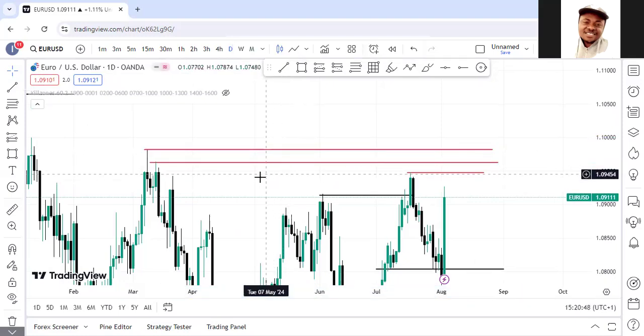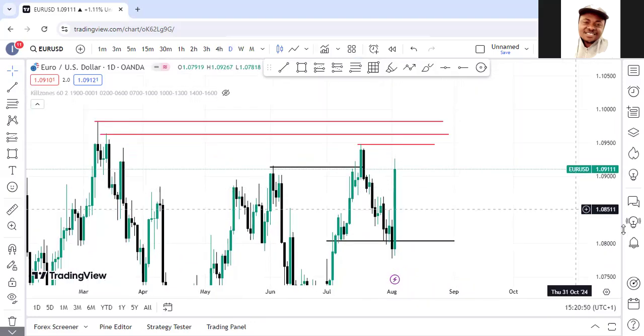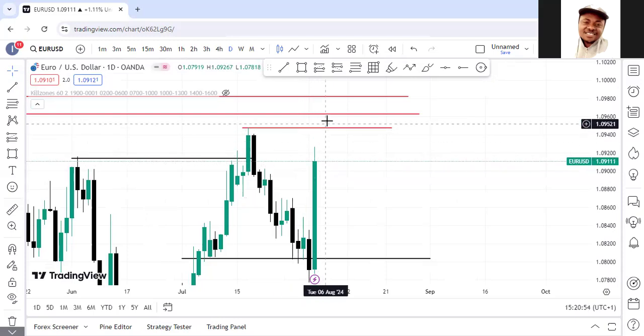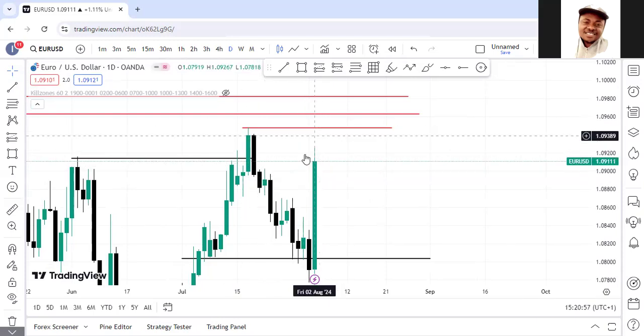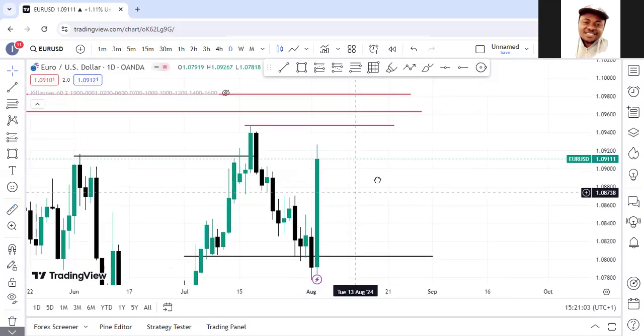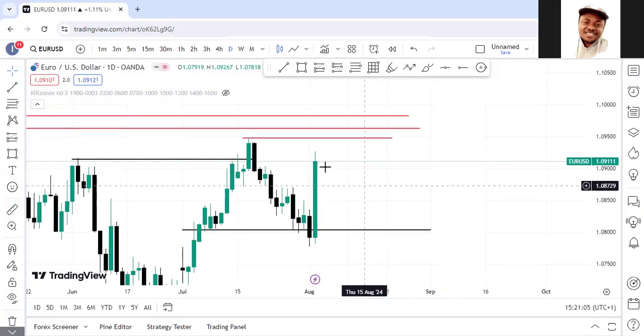So these are my draw on liquidity for the new week. I'm expecting price to probably clear this high, since the draw on liquidity is very close by. That would be about how many pips? So this will be about 40 pips. So we can see Monday clearing this high.